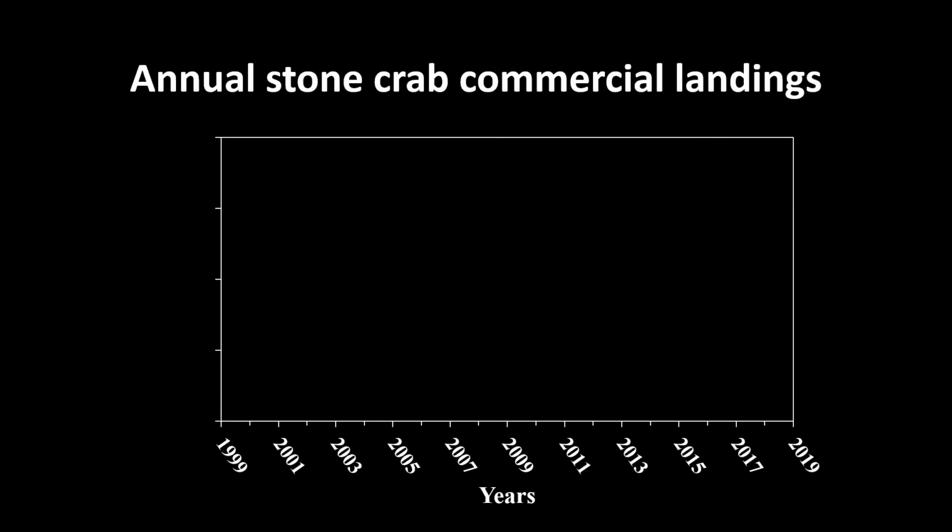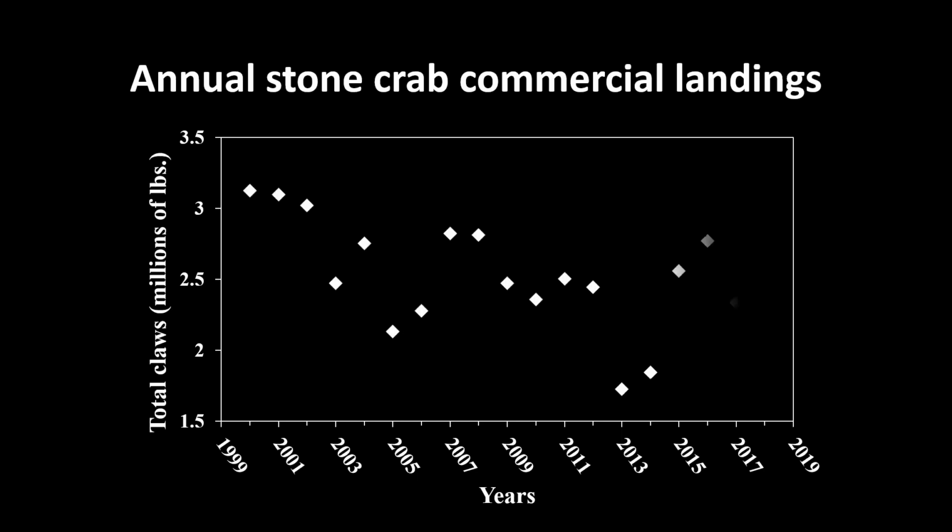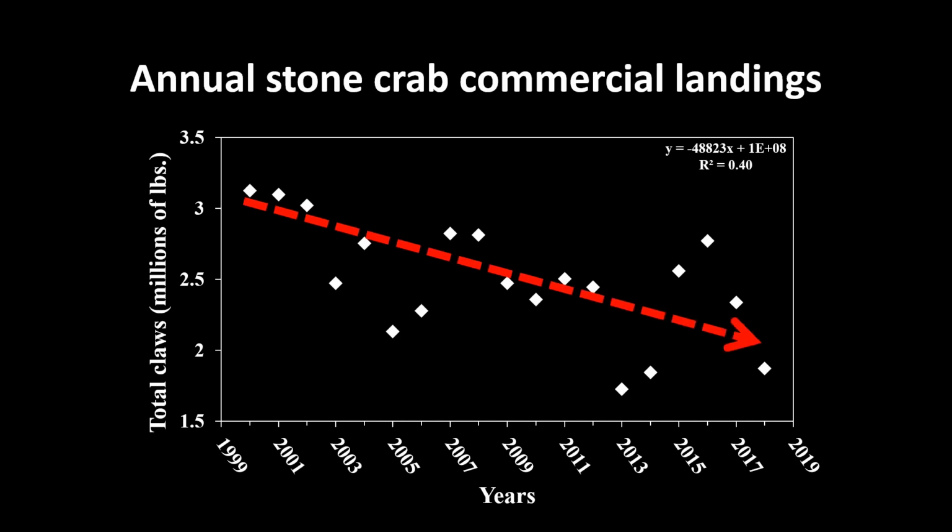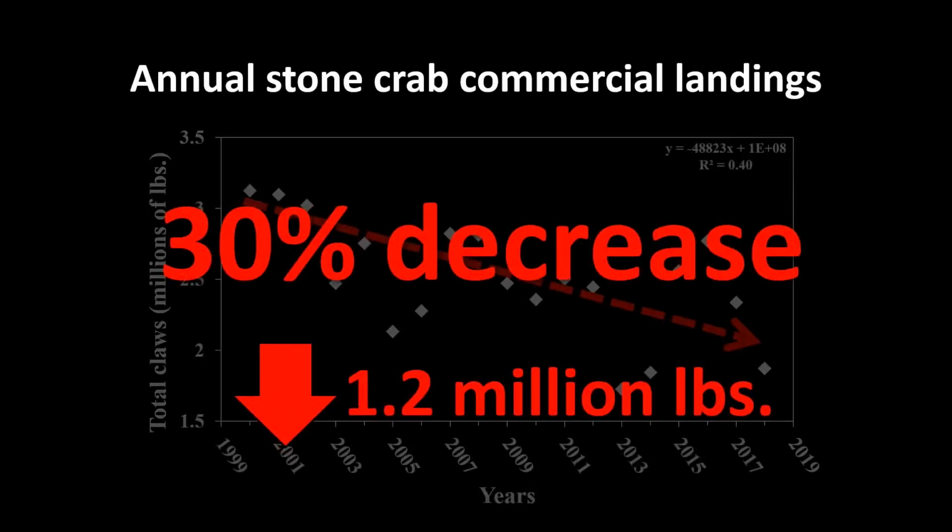And if we look at the annual stone crab commercial landing, so here's years on the x-axis versus the total claws, millions of pounds. And again, this is the only real measure we have of the fishery because we don't take the whole animal. We see this pattern, and you can see that this is a declining trend. We do get some years where you see a good harvest, but those years have been bookended by progressively worse and worse years.